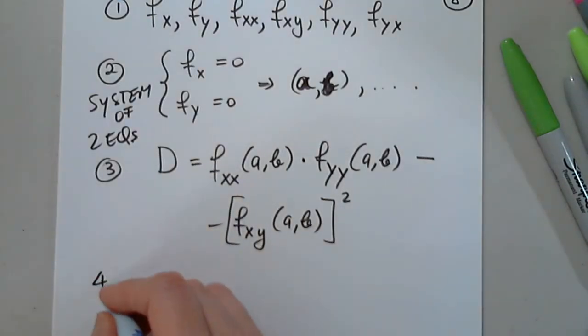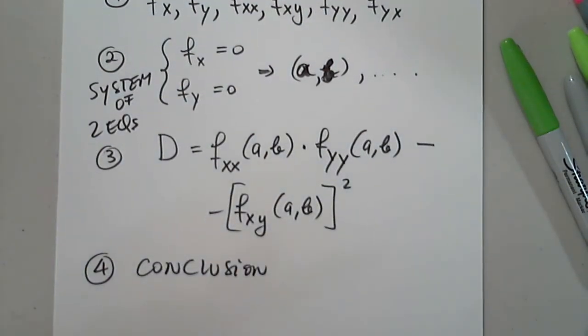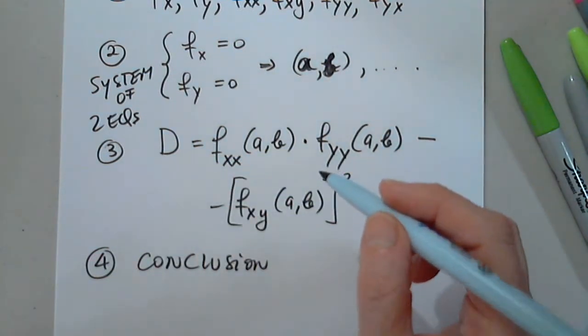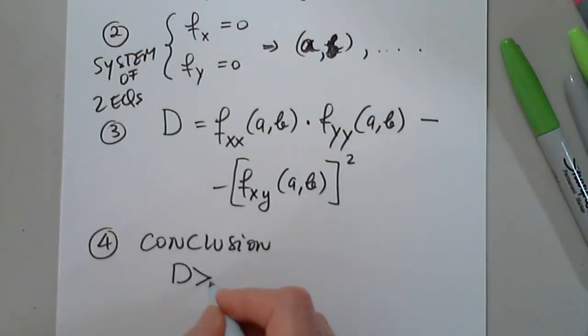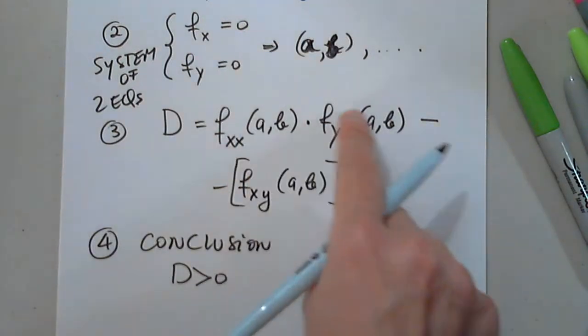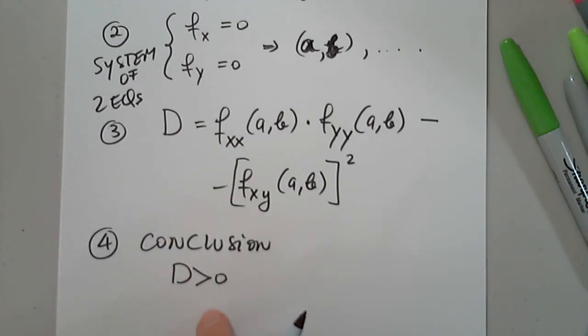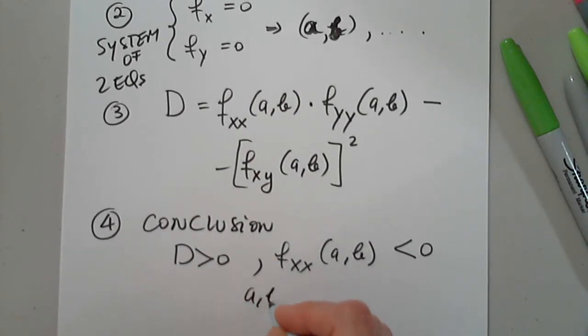In step number 4, I draw a conclusion. And the conclusion is based on D and fxx. So if D is a positive number, because this will be a number, I have to calculate this number for every ordered pair. If D is a positive number and fxx of a comma b is a negative number, then the conclusion is that a comma b is a relative max.